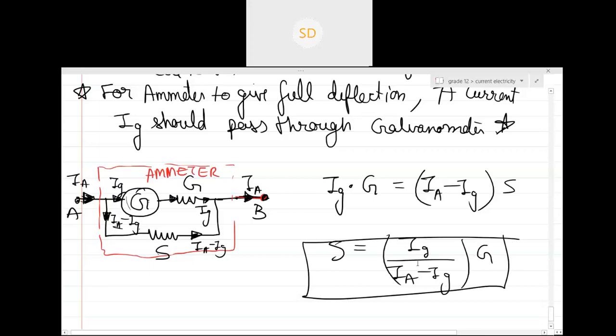So depending upon the maximum value of the ammeter you want to create, you will decide the value of the shunt and then connect it in parallel. Are you getting my point? Yes, sir. So that's it. I'll give you one question on this.